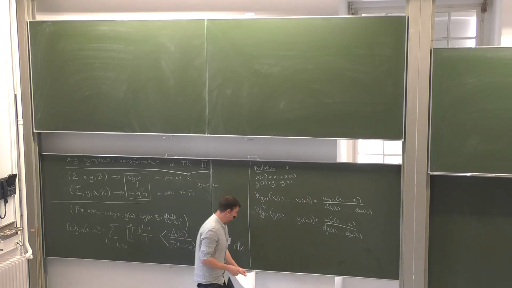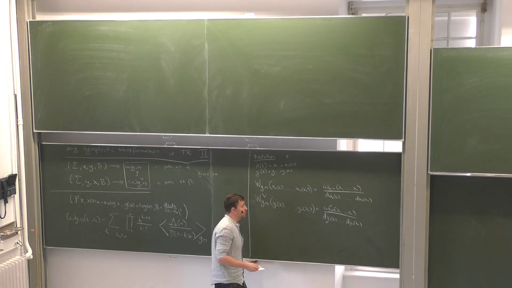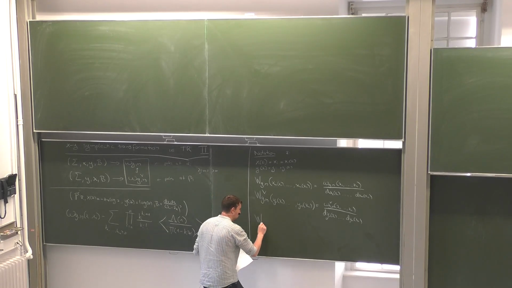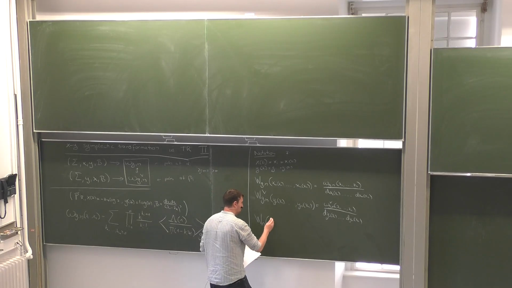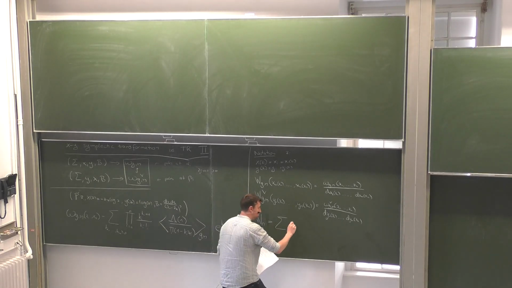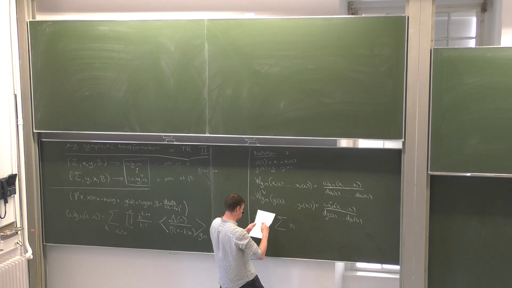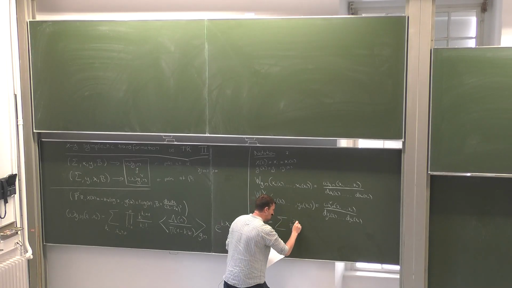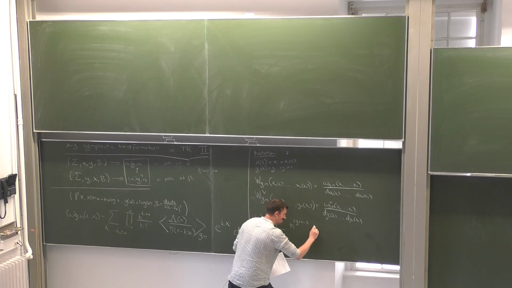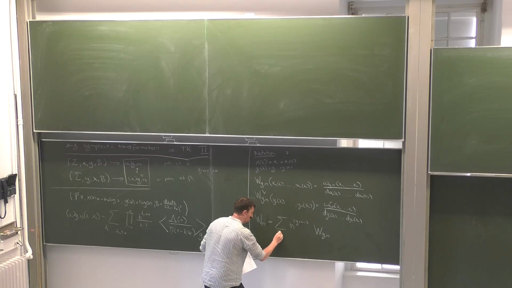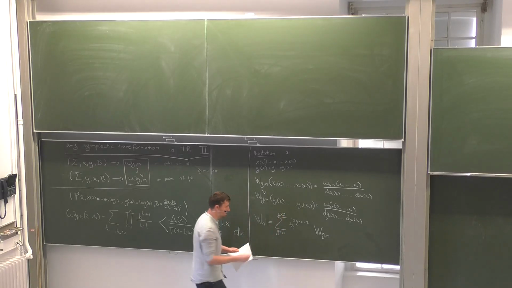Okay, and furthermore, we put everything together in a formal power series, so W_n of its arguments is written in a formal expansion in h bar, with h bar to the power g plus n over 2 minus 1 times W_{g,n}, and we sum over g from 0 to infinity.